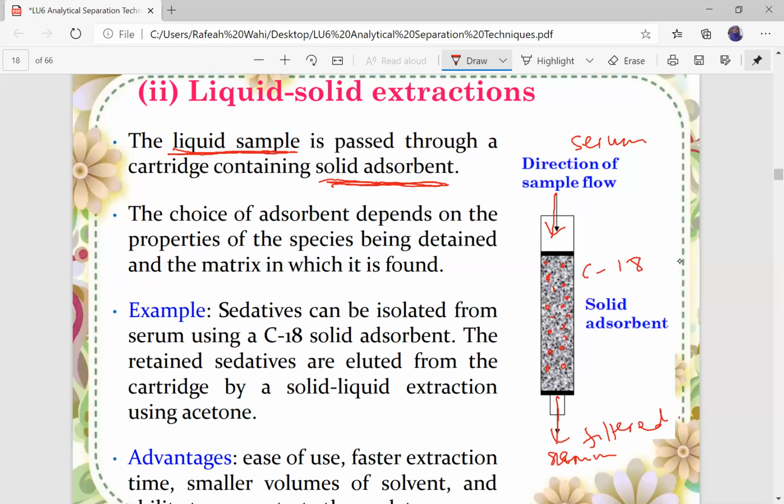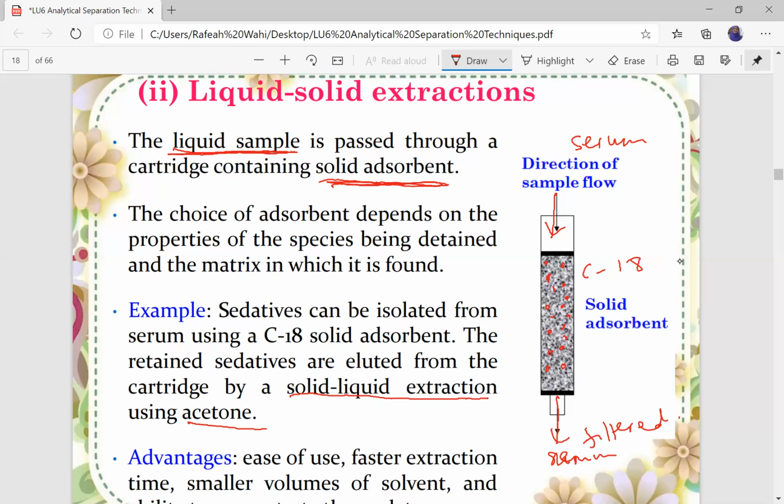Okay, so what you have to do if you want to recover all the sedatives inside the C18 adsorbent, all the red dots here, you want to take them out? So you have to do solid liquid extraction using acetone, meaning you have to wash the solid adsorbent here, the black color thing here.